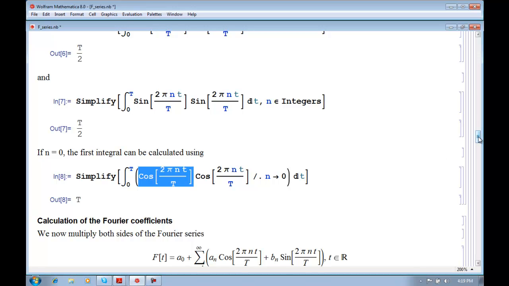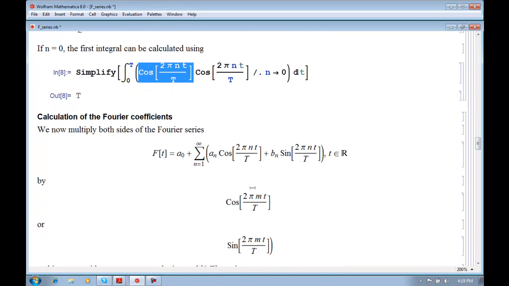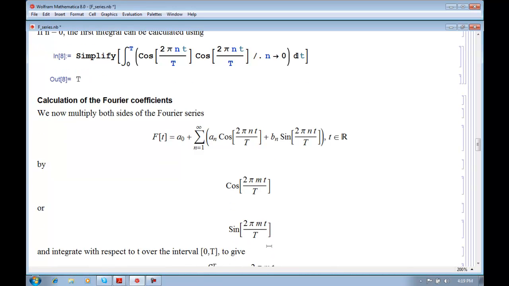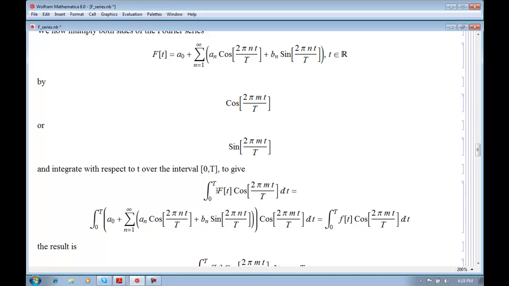That enables us to easily find the coefficients, because if we multiply the Fourier series by either a cosine term or a sine term, and integrate with respect to t over the interval, then we will find that the integral of f of t with respect to t will be equal to this integral, and the only term which will survive will be the term when n equals m, and the result will therefore be this.